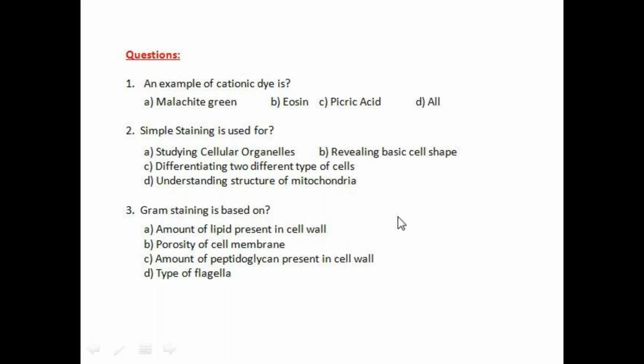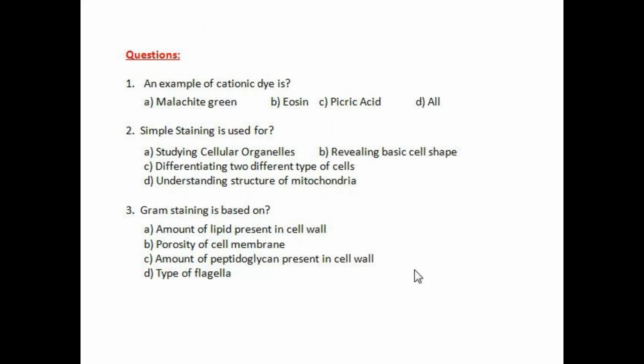I already said what the principle behind gram staining is. Lipid present in the cell wall is only present in gram negative ones, so it is not differentiating. Coming to the third option, amount of peptidoglycan present in cell wall. The peptidoglycan is not responsible for taking up the dyes.